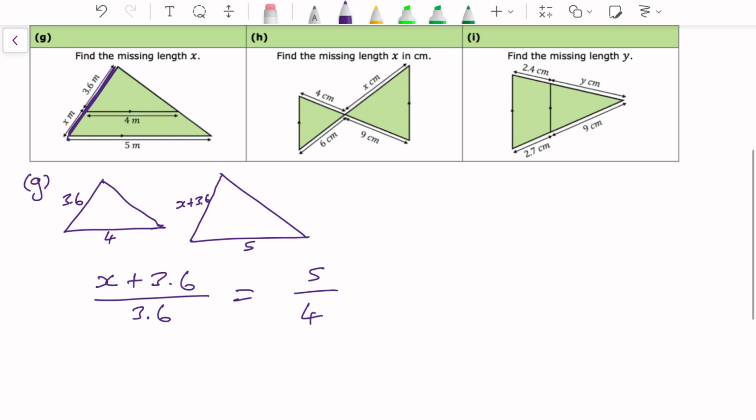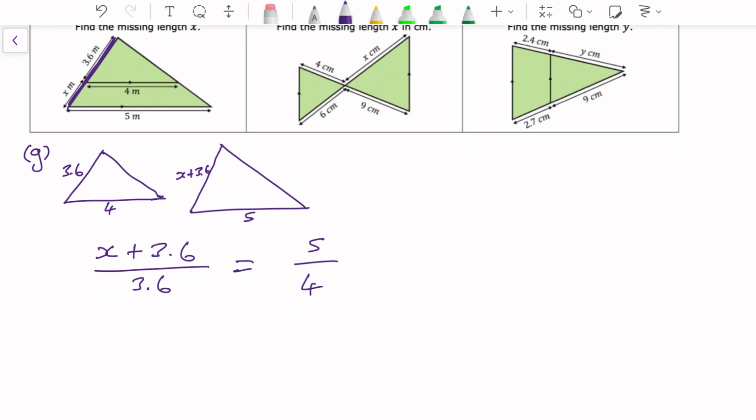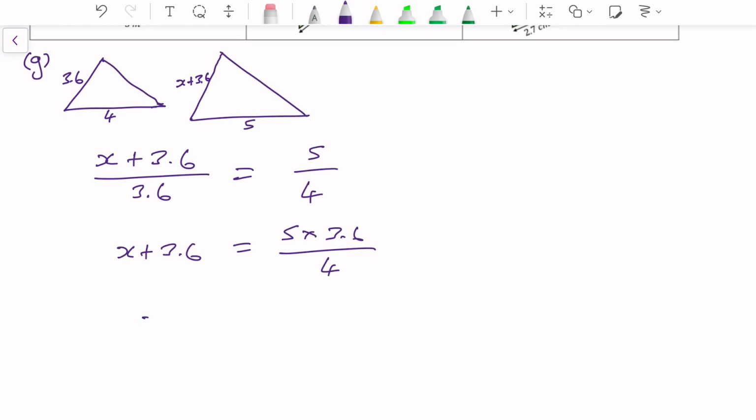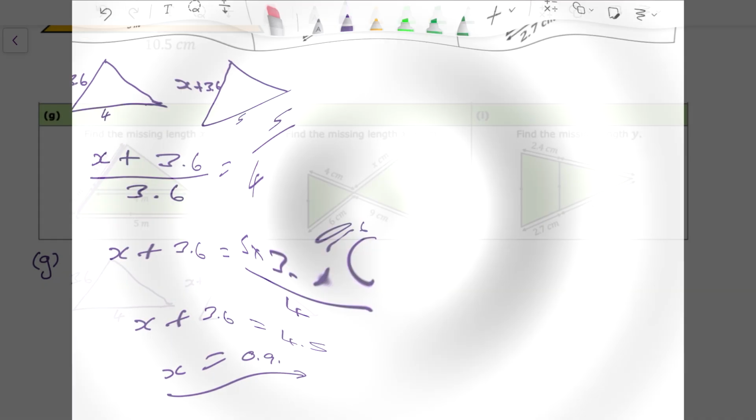Right, so multiply both sides by the 3.6. So x plus 3.6 equals 5 times 3.6 divided by 4. Grab your calculator. So x plus 3.6 equals 4.5. Subtract 3.6 on both sides. So x equals 0.9 meters.